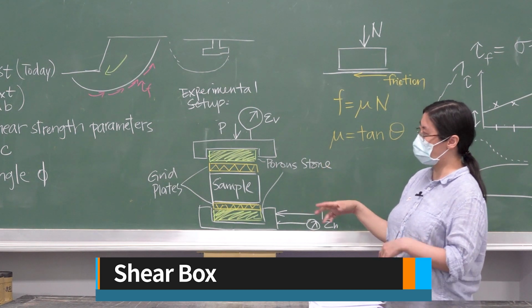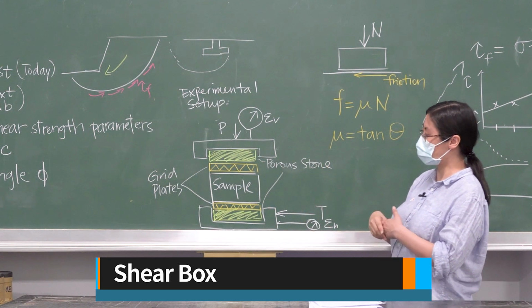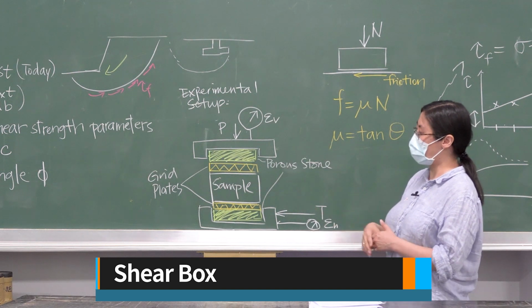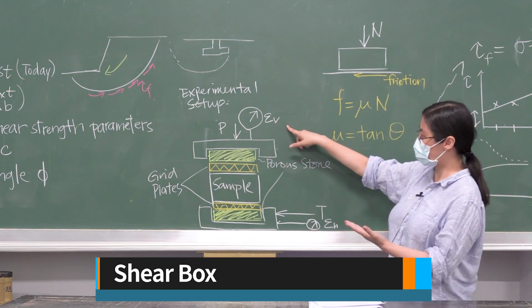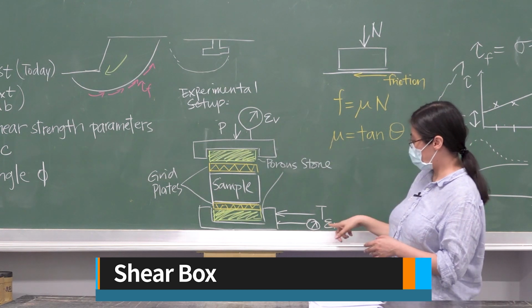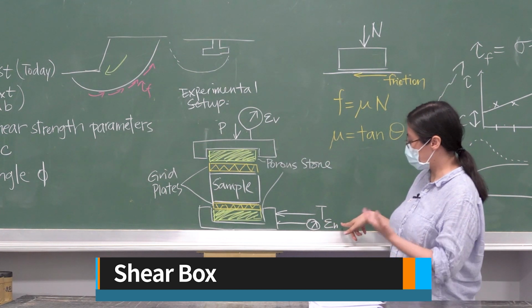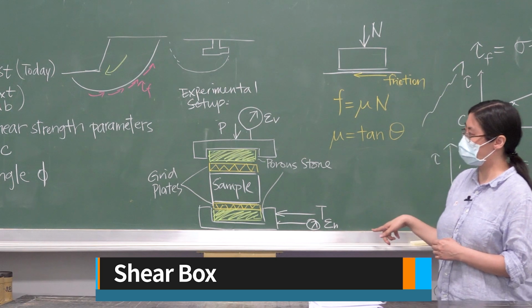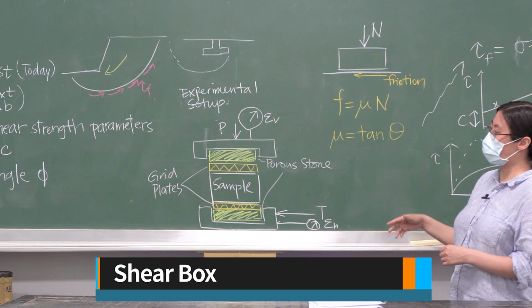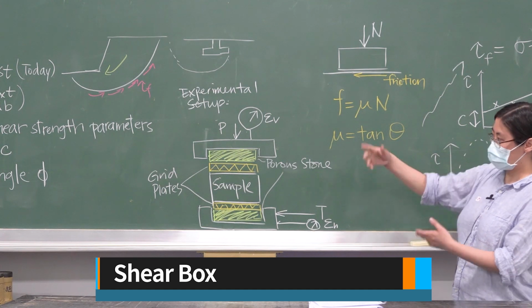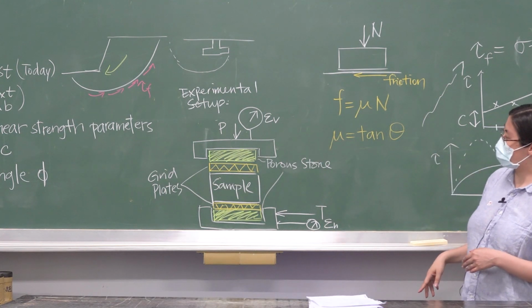So you will have to record all of these values: vertical displacement or vertical strain, normal loading, horizontal loading, and horizontal movement or horizontal strain. All of these will be important when you need to come up with the shear strength parameters.